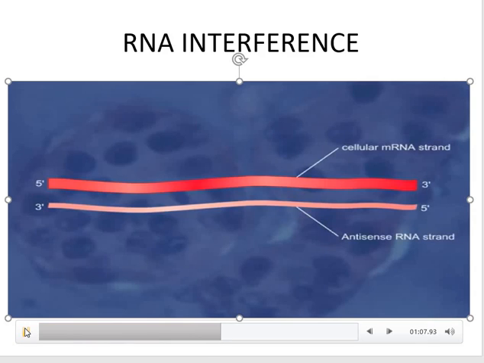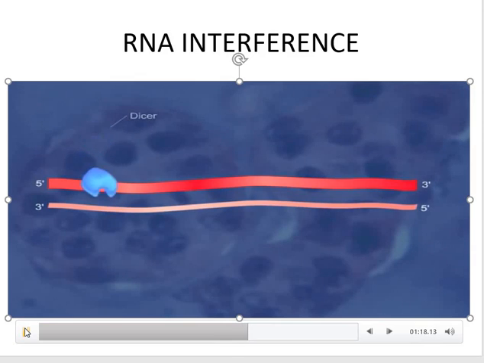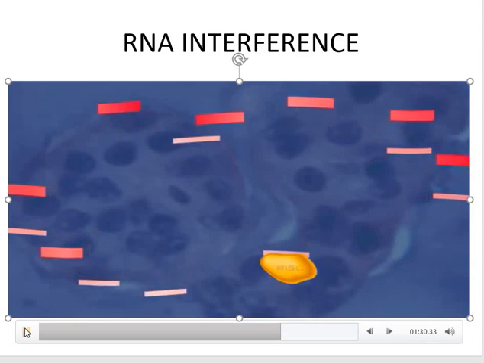Creation of the RISC occurs when double-stranded RNA is found in the cell. This double-stranded RNA is recognized by an endonuclease known as dicer that cuts it into pieces that are 21 to 23 nucleotides long. An antisense RNA fragment can then associate with proteins to form the RISC.